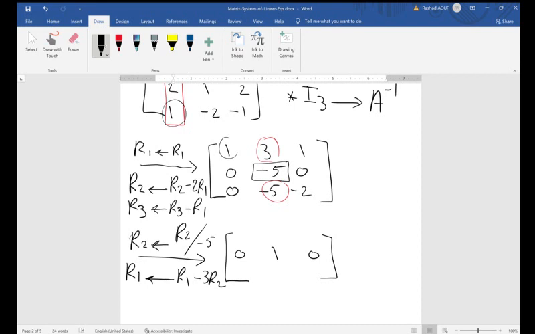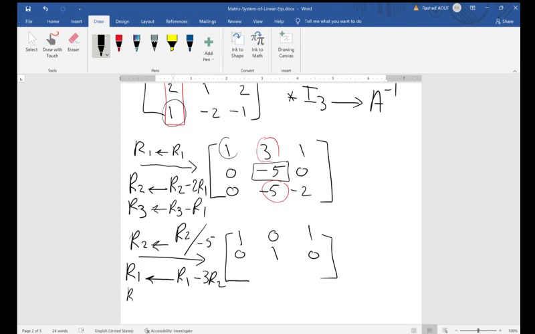I calculate the result and I obtain 1, 0, 1. Minus 5 in row 3 also must be equal to 0.